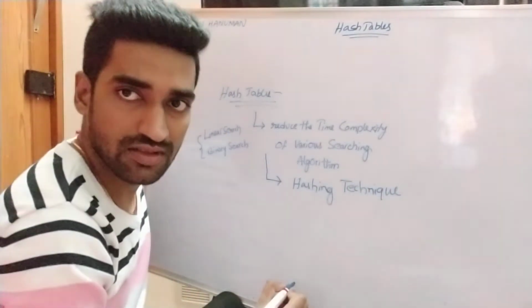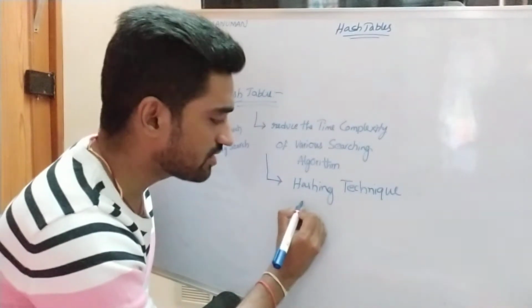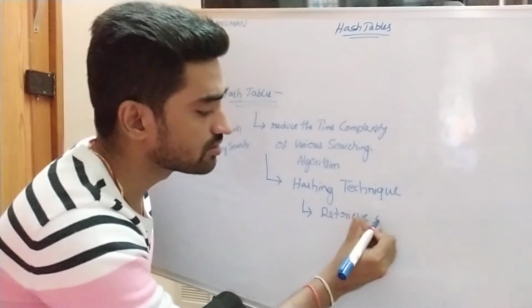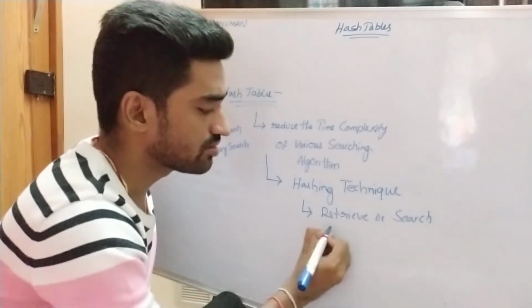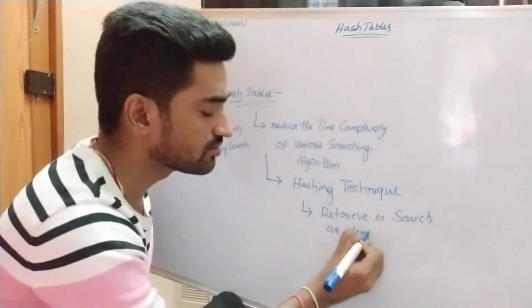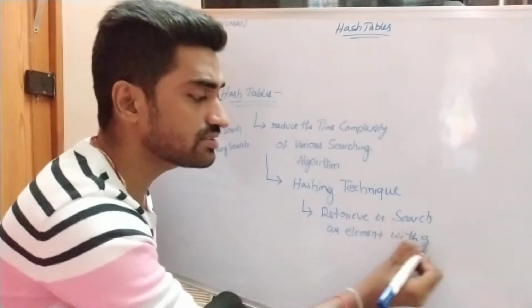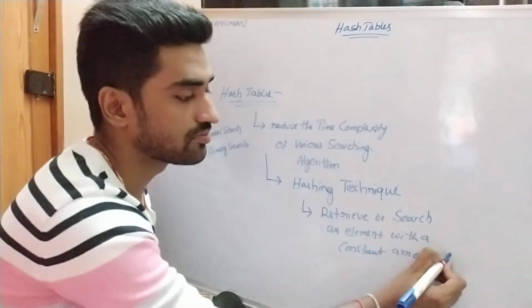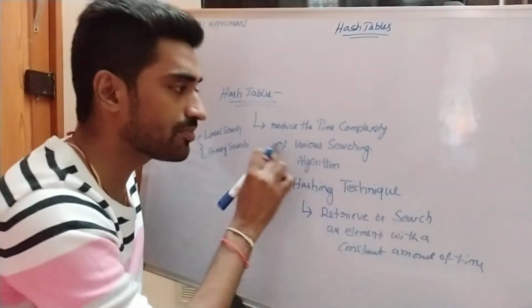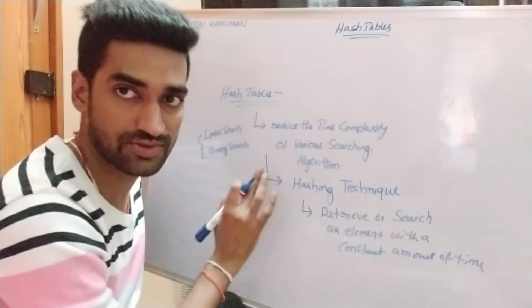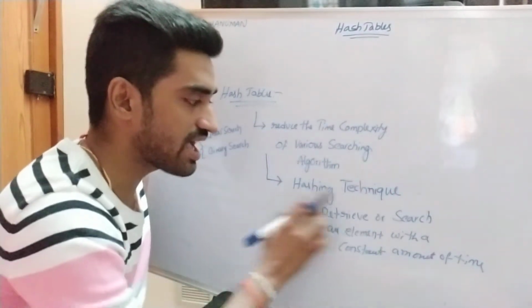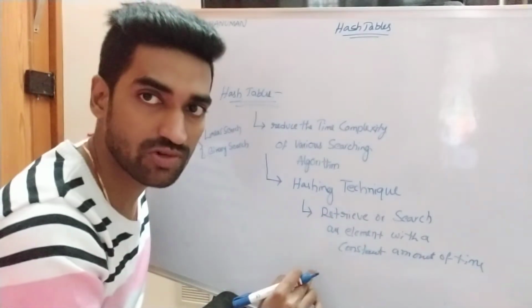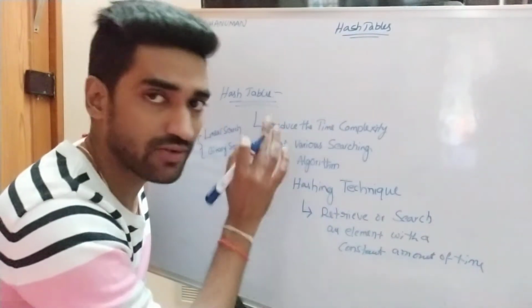The main objective of the hashing technique is to retrieve or search an element with a constant amount of time, right? So that is the main objective of the hashing technique.